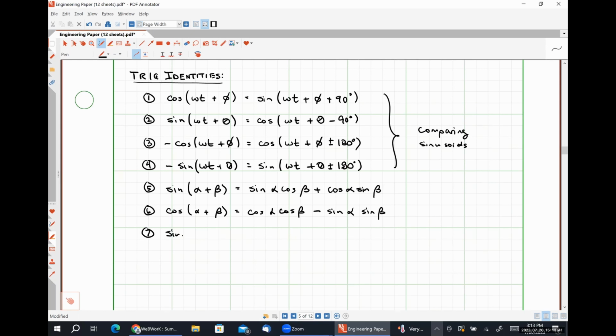So sine of alpha minus beta is going to be sine alpha cosine beta minus cosine alpha sine beta.